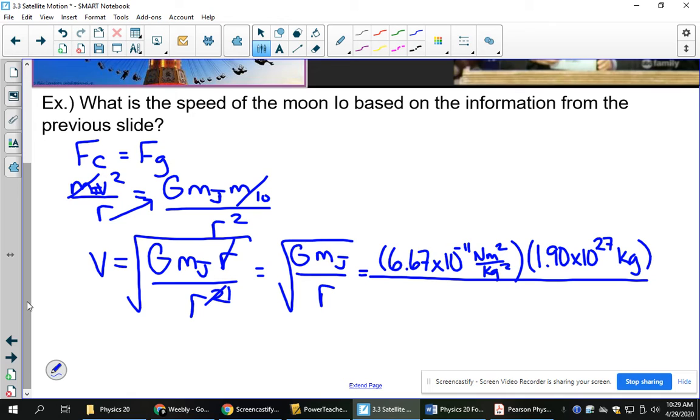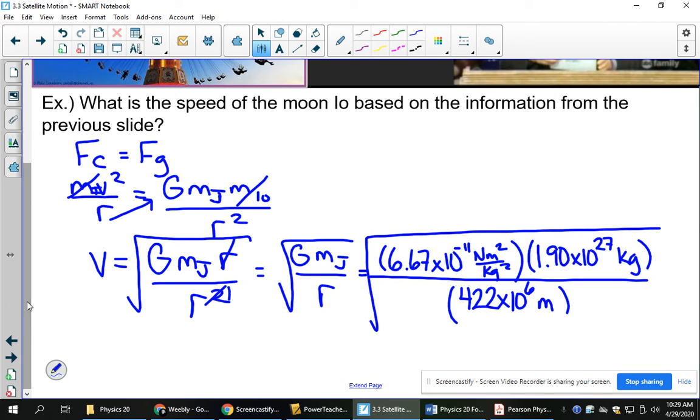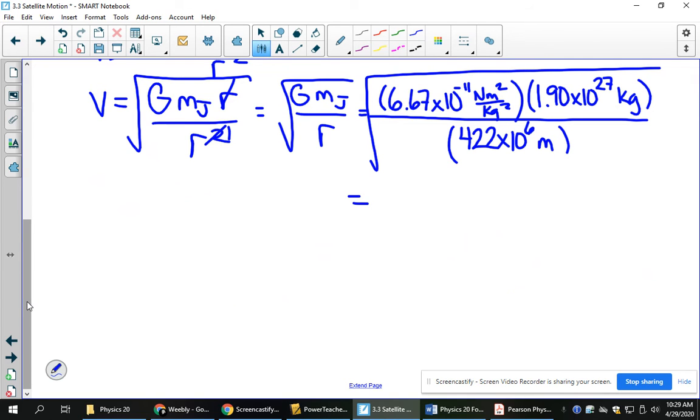And we know, we used it in the last question, the orbital radius for Jupiter and Io, center to center, is 422 times 10 to the 6 meters. Don't forget to square root your answer. And we are going to get the speed of Io to be 1.73 times 10 to the 4 meters per second.